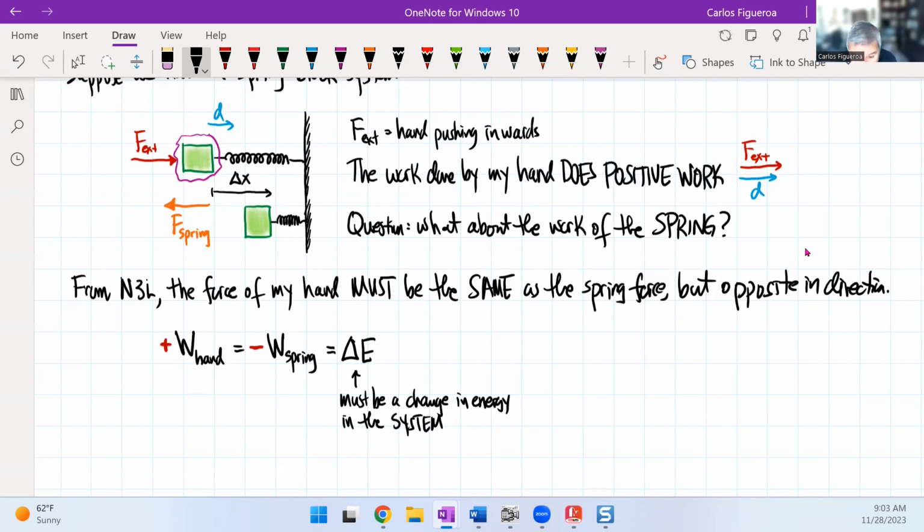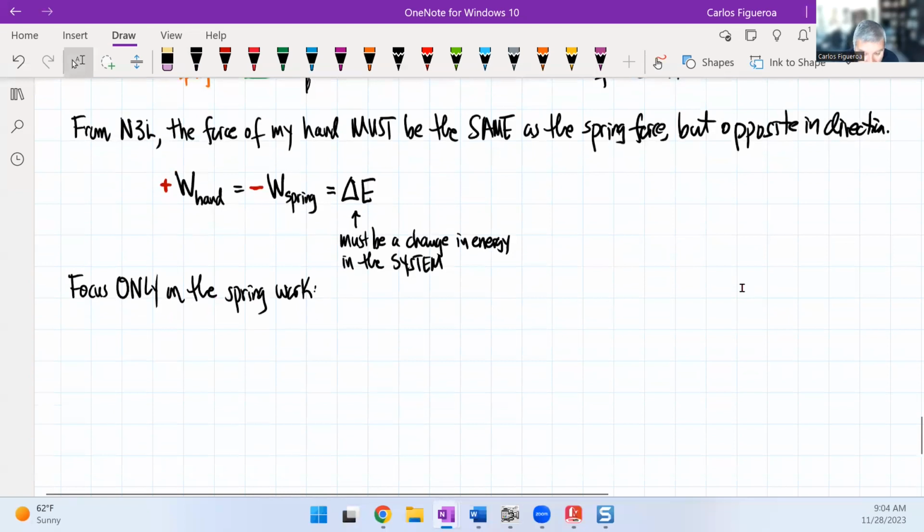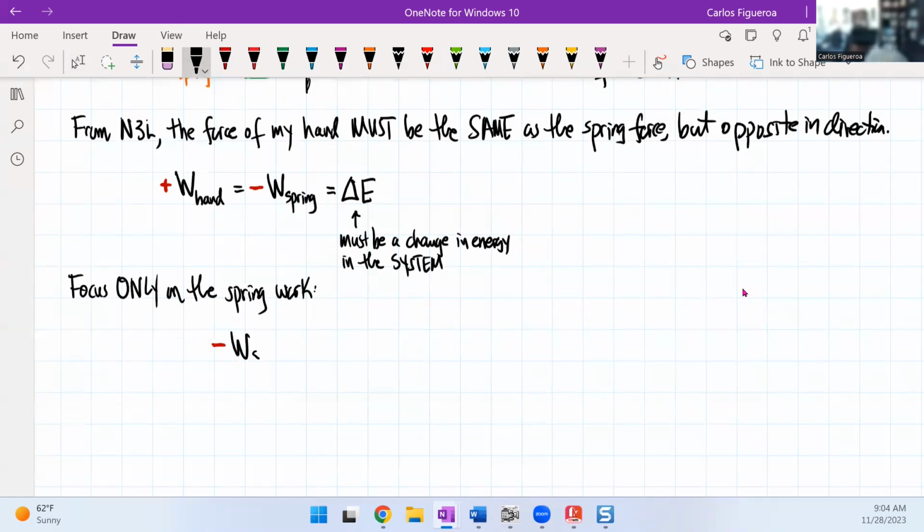Now let's look at this change in energy. The first thing we want to do is focus only on the spring work, because we know it has to be the same as the positive work of my hand. So now I have this negative work of the spring, and this has to change the energy of the spring system.